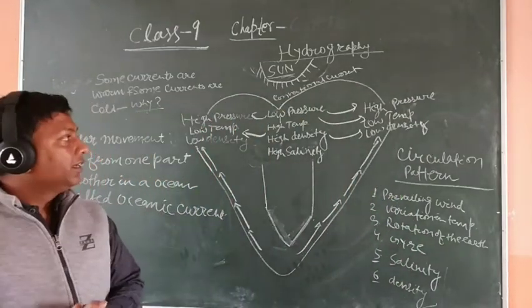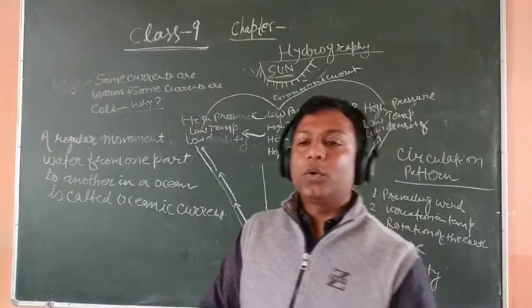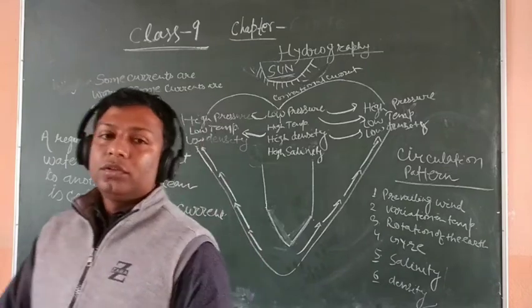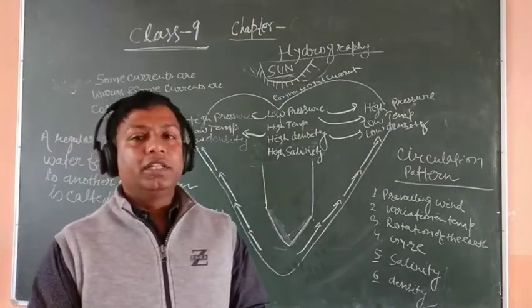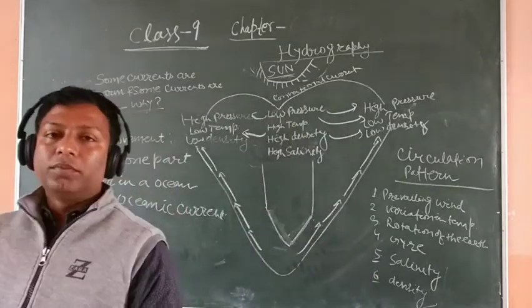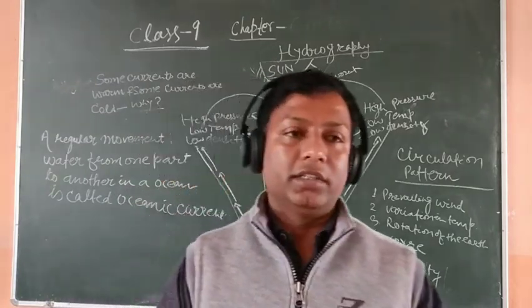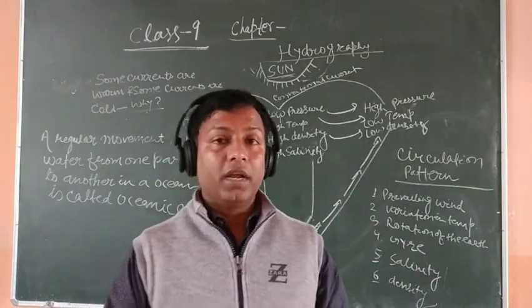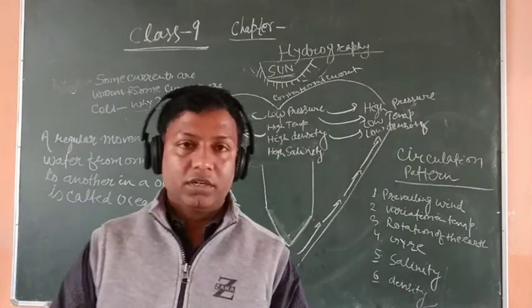Then it is a very pertinent question here. Why is there a warm current somewhere in the world, and somewhere in the ocean a cold current, and somewhere also lukewarm ocean water?